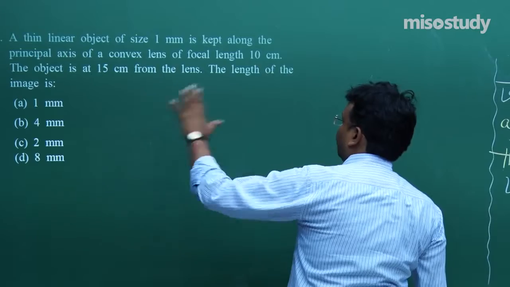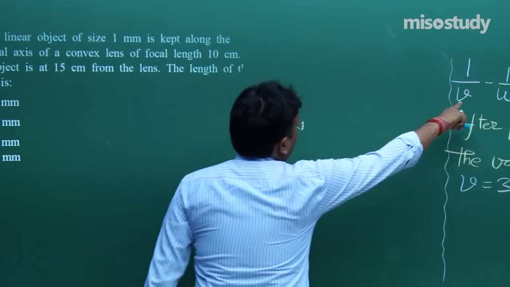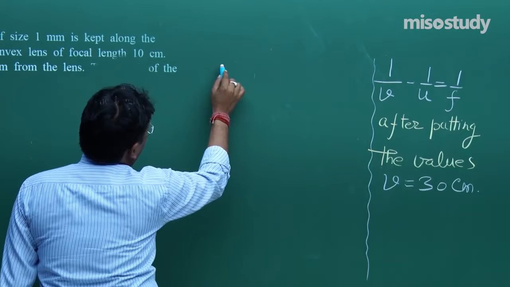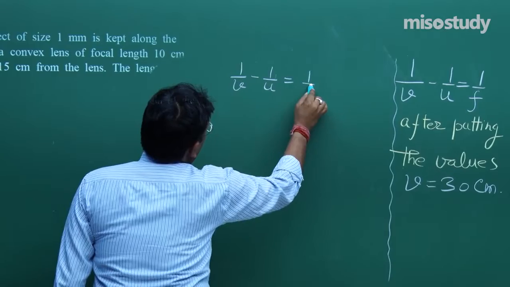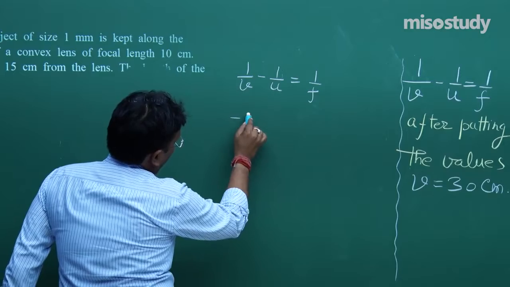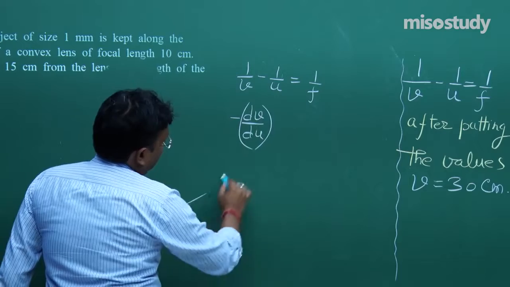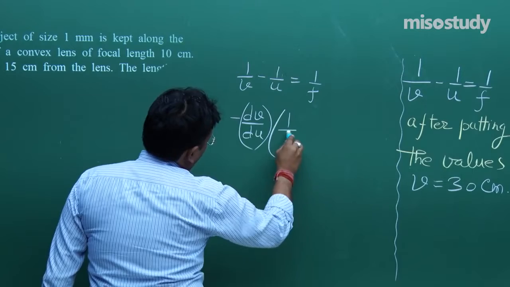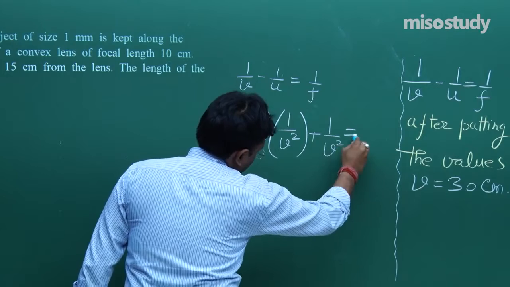How can we find the length of the image? Here I am going to show you something different. From this result itself, 1 upon V minus 1 upon U is equal to 1 upon F, after some amount of differentiation with respect to U: minus 1 upon V square dV by dU plus 1 upon U square is equal to 0.